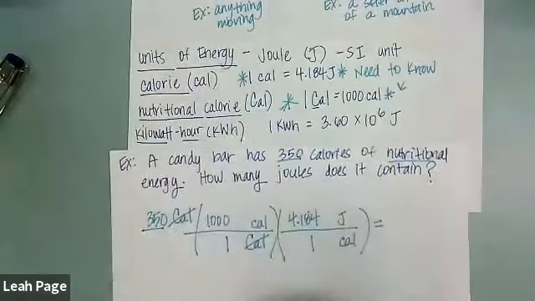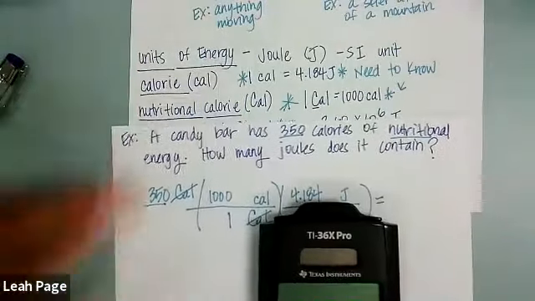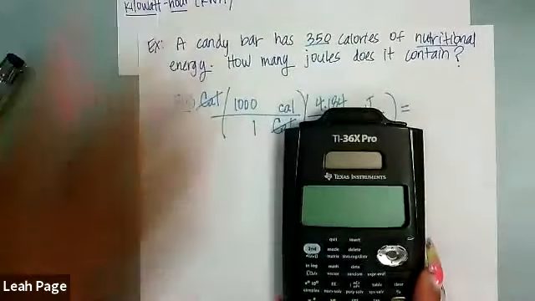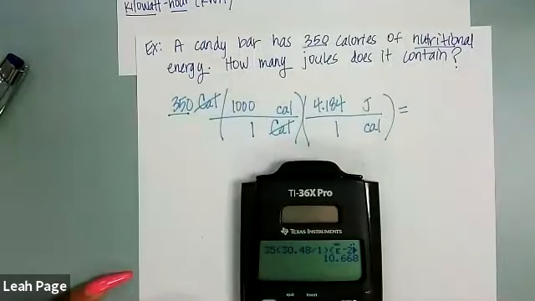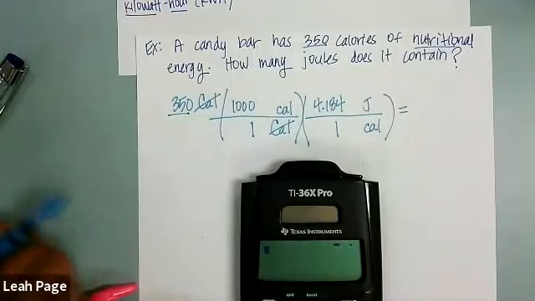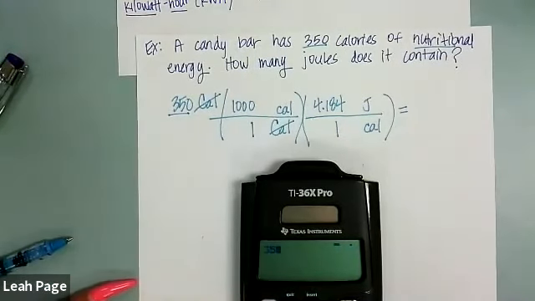Let's put this in our calculator. I'm going to put in 350, open parentheses, 1,000 divided by 1, close parentheses, open parentheses, 4.184 divided by 1.